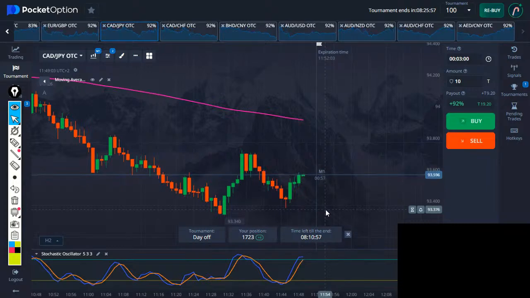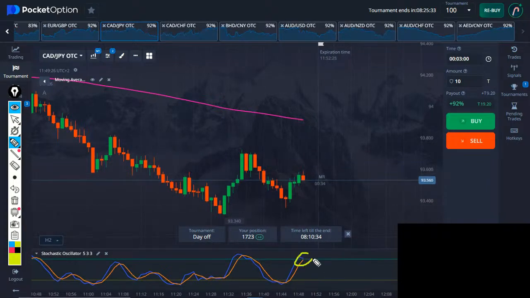Okay, we have the blue line already crossing above the 80 level on the stochastic. Let's see if we can take a sell position on this one. I'm waiting for a clear cross to the downside, a crossover.